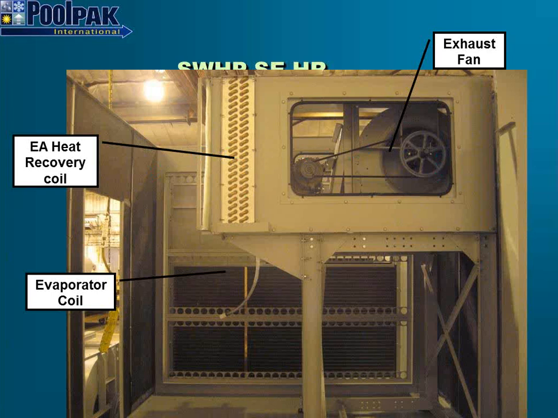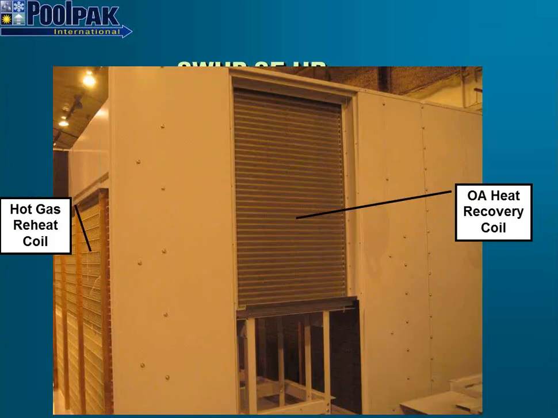There's piping running between that exhaust air heat recovery coil and the outdoor heat recovery coil, and we circulate a glycol solution between the two to pick up heat from the outgoing exhaust stream and reintroduce that heat, and that allows us to temper the air coming in from the outdoors.